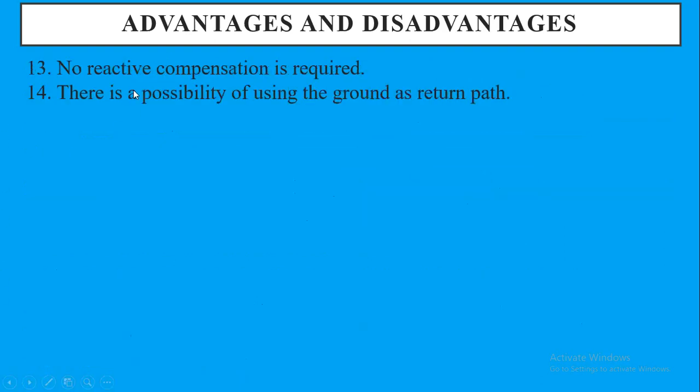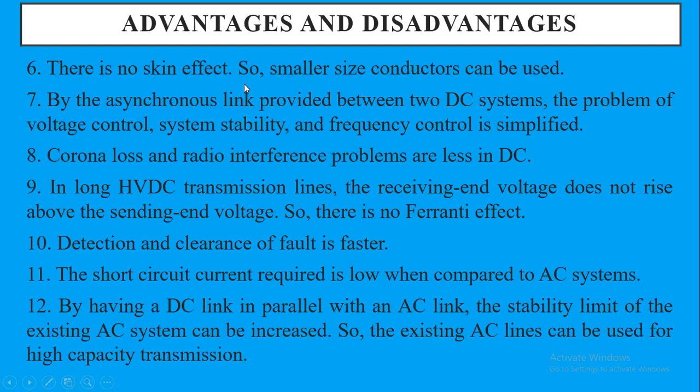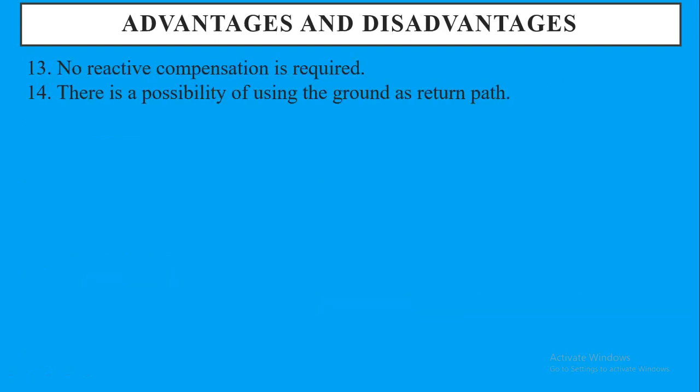In number 13, no reactive compensation is required, as in the concept in HVAC systems to normalize the effect by reactive compensation. There is a possibility of using the ground as a return path.